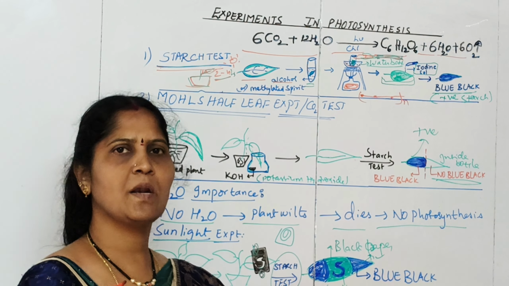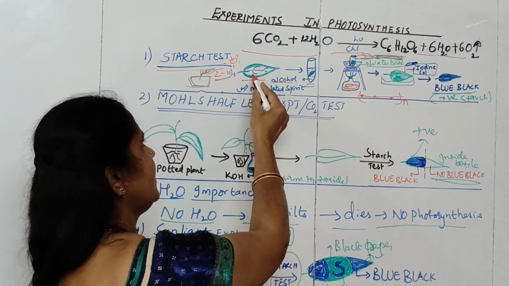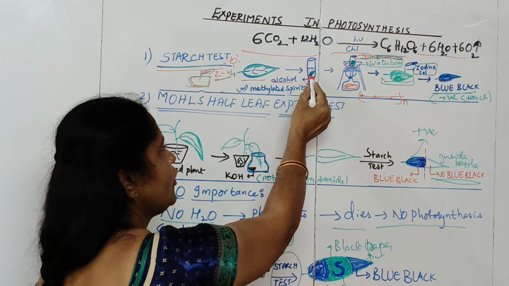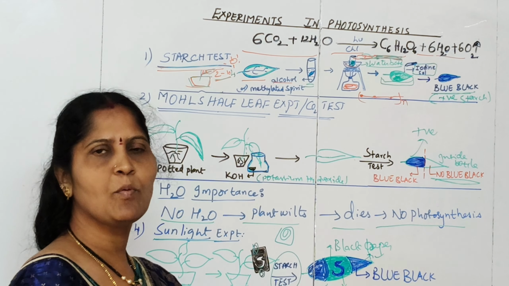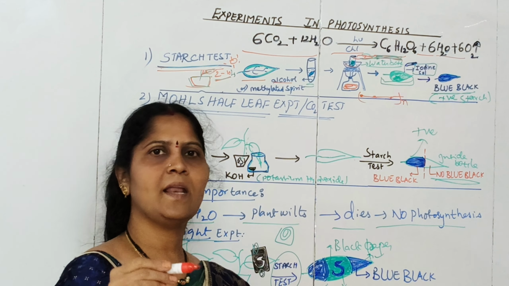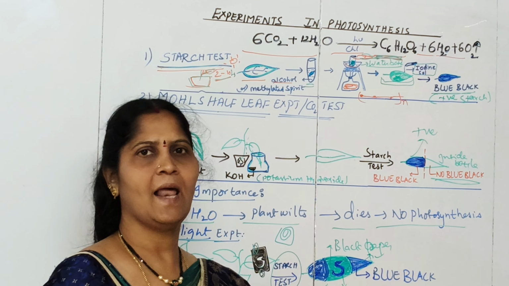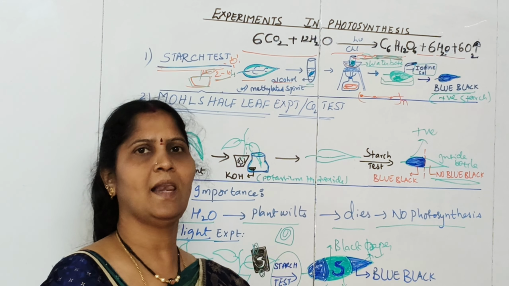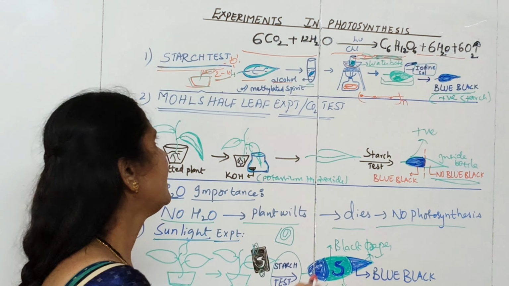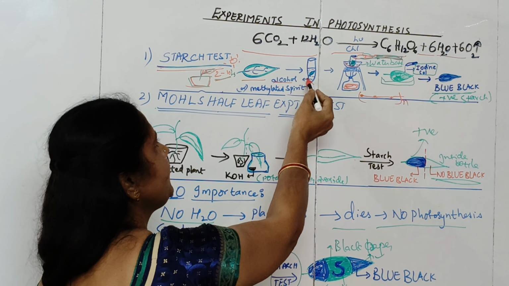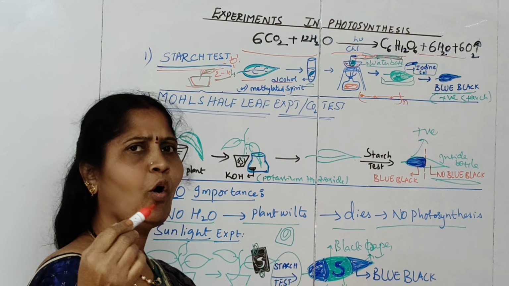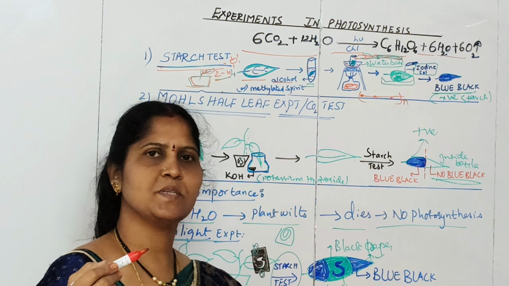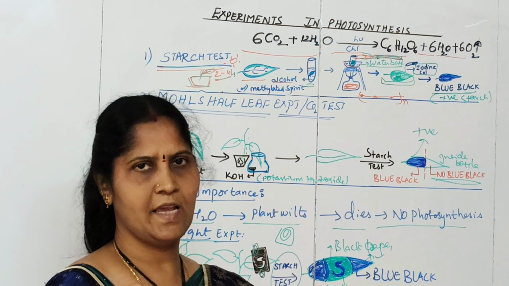Okay. So after the period of 2 to 4 hours, you take out a leaf from it and put it in a test tube containing methylated spirit or alcohol. Why are we using alcohol or methylated spirit? This is a decolorizing agent.